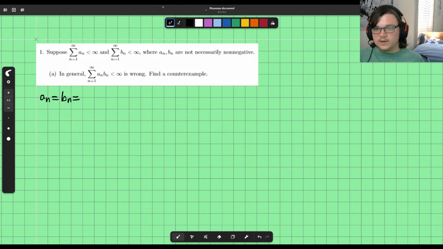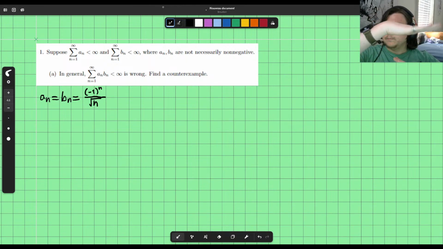So a sub n is equal to b sub n, which is equal to (-1)^n over the square root of n. And this basically works because the reason why these converge to a finite value is because they're alternating.